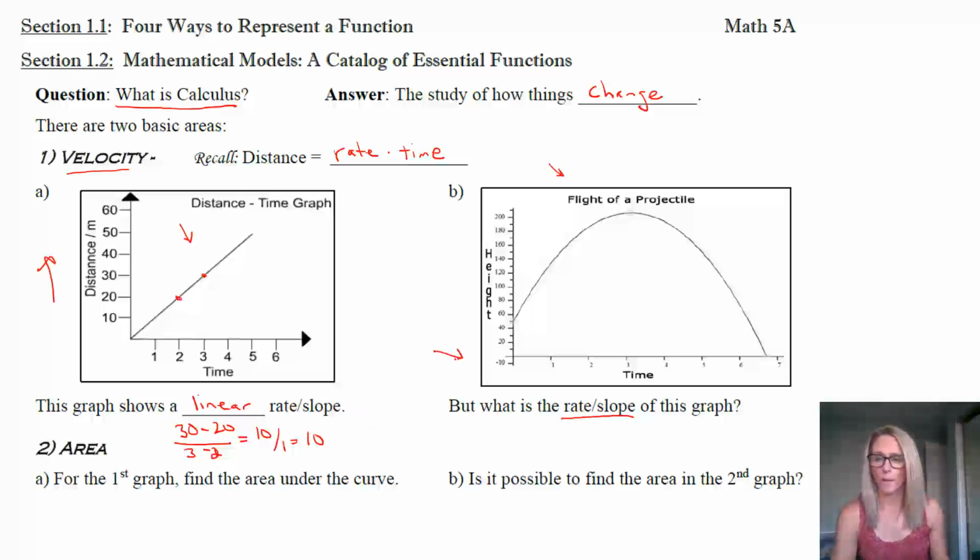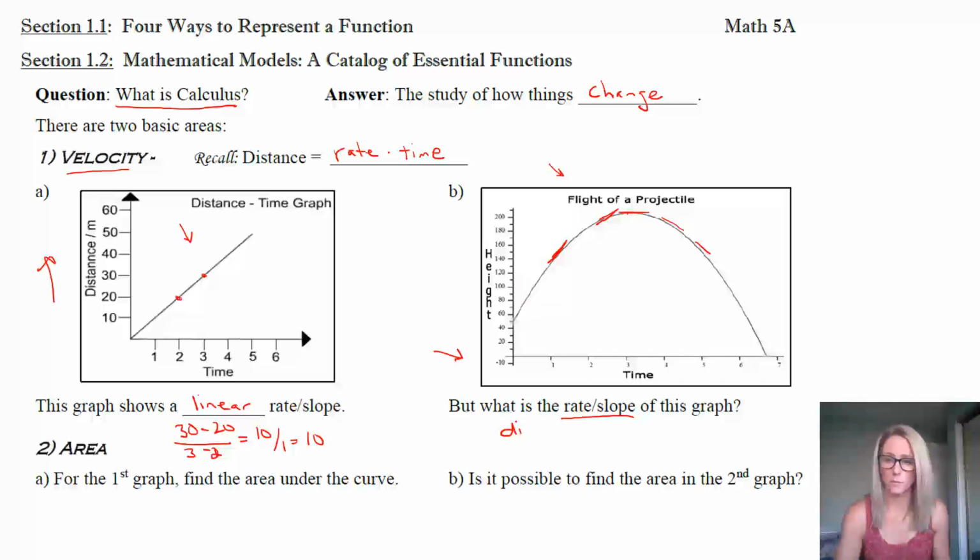But in the second graph, when we're asked about the rate and the slope of the graph, it's a lot harder because it's not linear. So the rate of this object here is going to be different than the rate of the object here, which is definitely going to be different than the rate of the object here, and then here, and here, and so on. So at different points on that graph, it has a different rate slope.